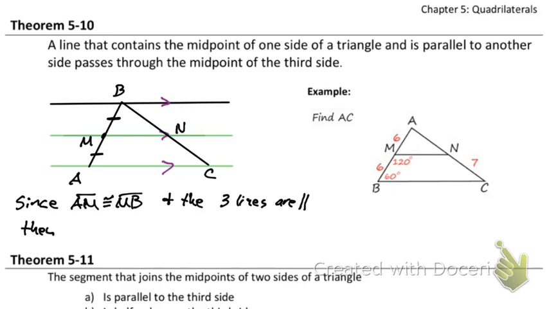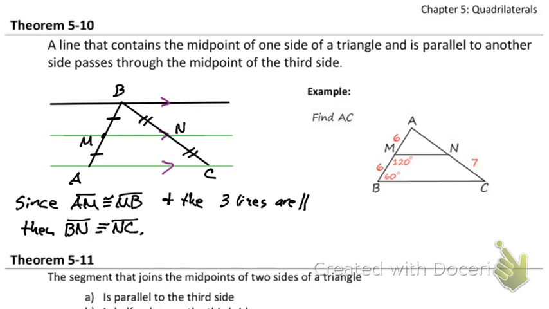Yeah. They're congruent. Then BN is congruent to NC. So we could put 2 little tick marks on there. Well, real quick, M's a midpoint, right? Because it cuts it right in half. N's a midpoint as well.